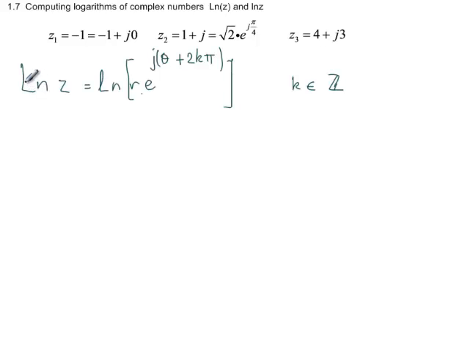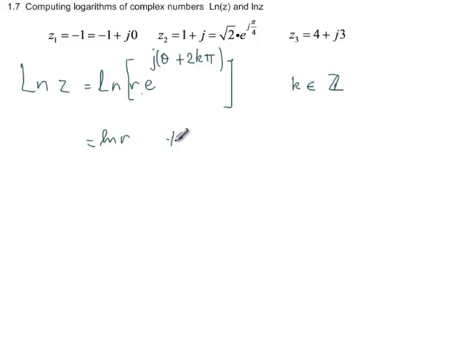Now this is where this capital letter L comes in, because the logarithm of z is not a number. It's infinite numbers. Because now what I'm going to get here is ln r. Why can I use ln here? Because this is a positive number, it's a real number, I can calculate its usual ln altogether.